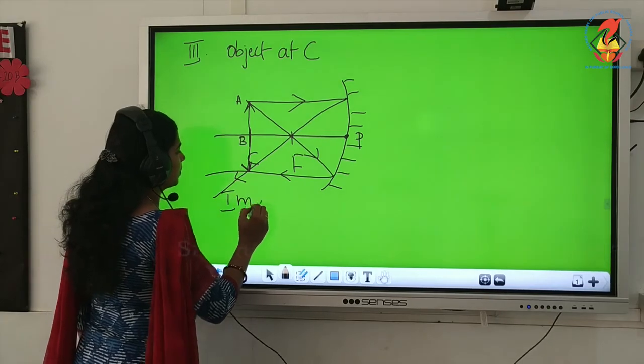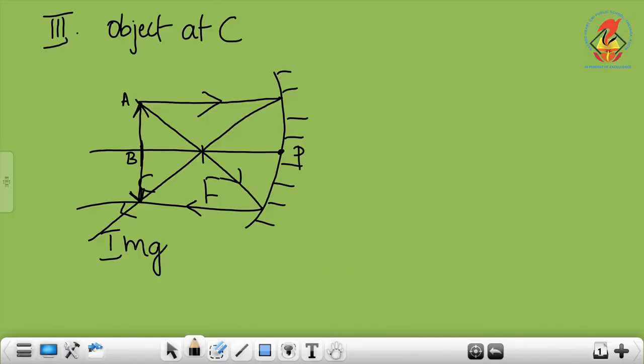Image position. Where will you get the image? The image is at C itself. Now, what about the size of the image?